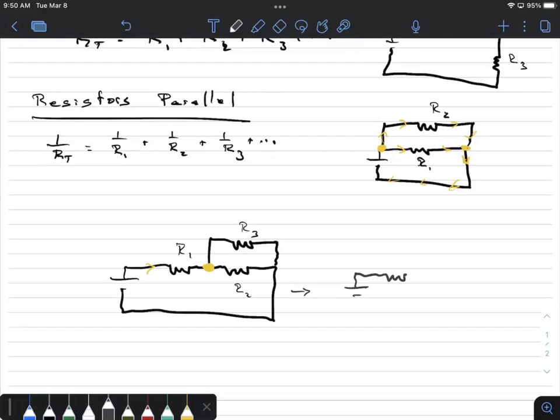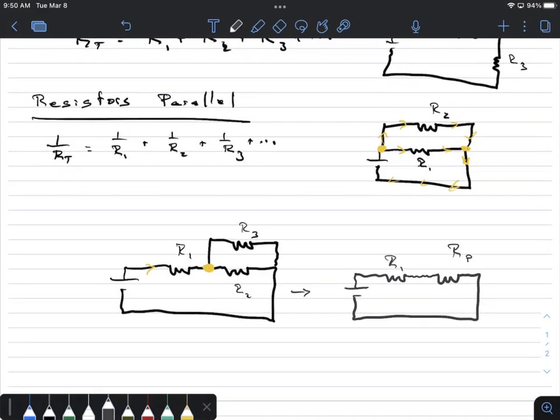This R1 hasn't changed. It's still sitting there. But now that parallel set of R2 and R3 is transformed into a single resistor, which I'll call R parallel. This is still R1 from the beginning.